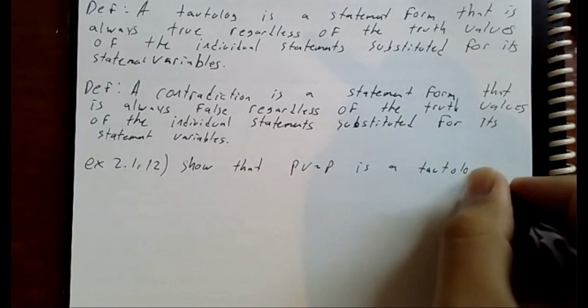P and Q is the same as Q and P. Also, P or Q is the same as Q or P. Number two, associative laws.